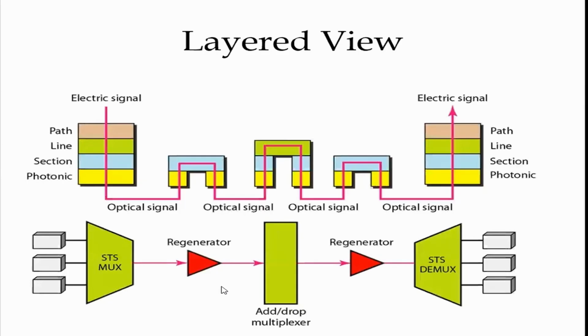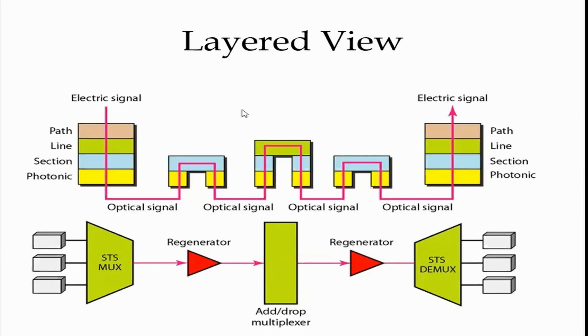And the same diagram is represented here. Why have we represented the same diagram here? Here the layering approach is implemented. With respect to the figure at the bottom, the block diagram of SONET, the layering approach is also indicated. As you all know, there are three categories: path, line, and section.